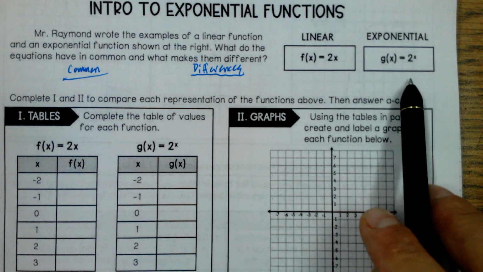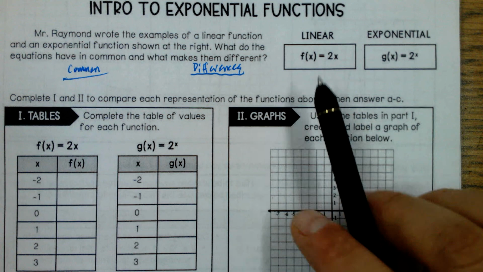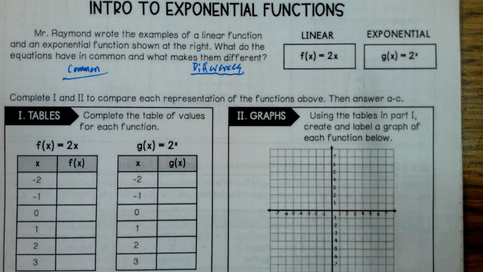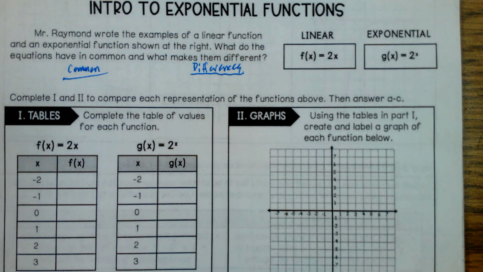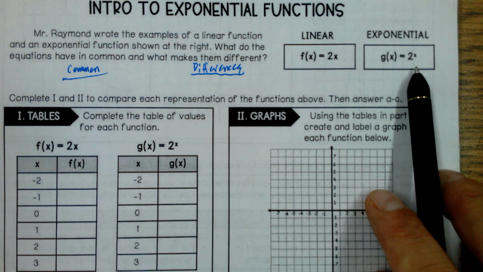Look at the numbers themselves. They both have 2 and x. There you go. There's some commonalities. They're both functions, so they follow the rule for functions, and they both have 2 and x. And for differences, we already talked about one has an exponent. That's a difference, and one doesn't.